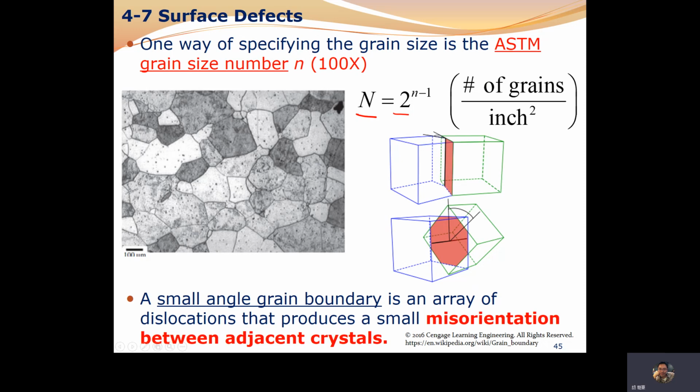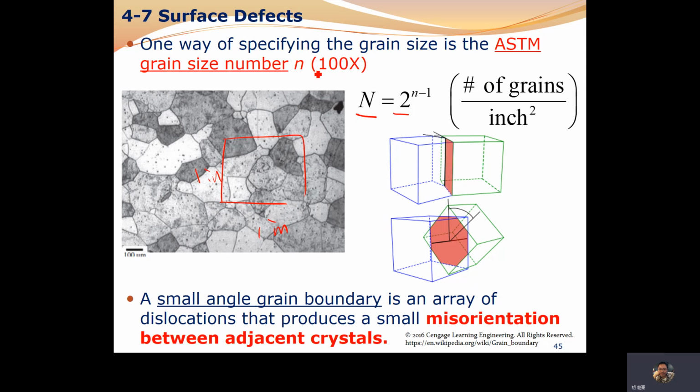For example, we observe the grain size under an optical microscope, we have a 1 inch square area, and we count the number of grains per unit area.